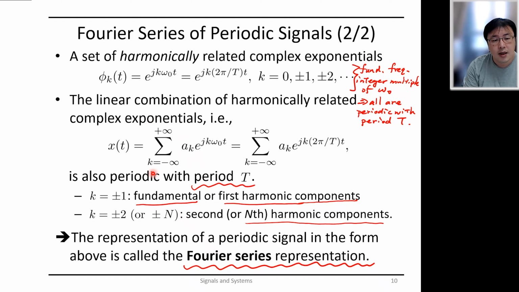Okay, so this is saying that a large set of signals can be represented in this form. If you can represent a signal of period T in this form, you say that this is the Fourier series representation of x of t.